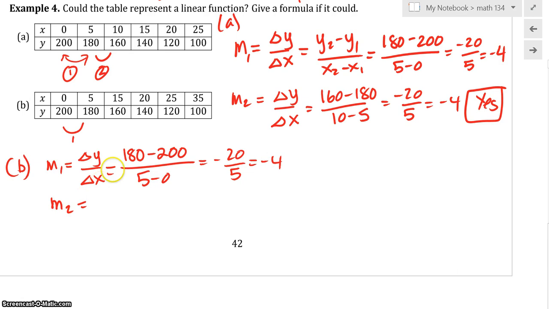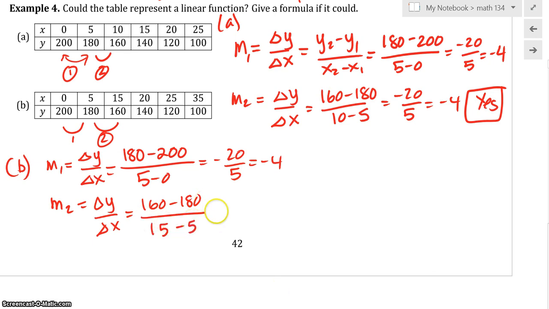M2, is that the same? Well, the numerator looks the same. That's the second one. 160 minus 180. It's exactly what we had before, but the denominator now is 15 minus 5. So we get negative 20 over 10.